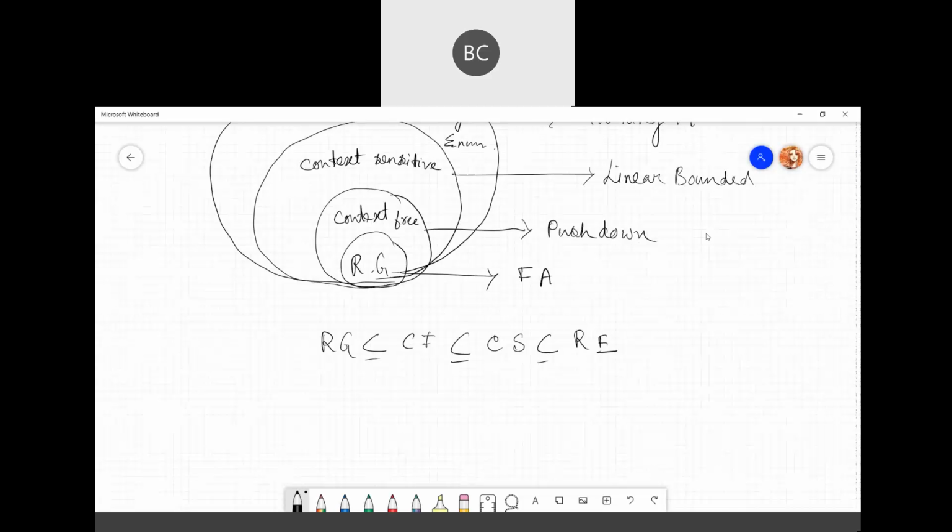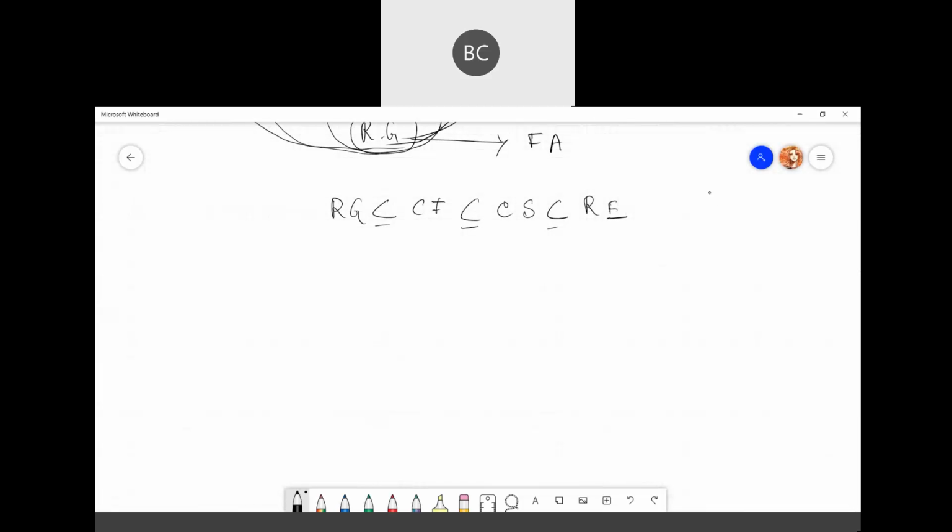Now we will start from the regular grammar. Our next chapter is on finite automata or finite state automata. So finite automata always accepts regular grammar, type 3.